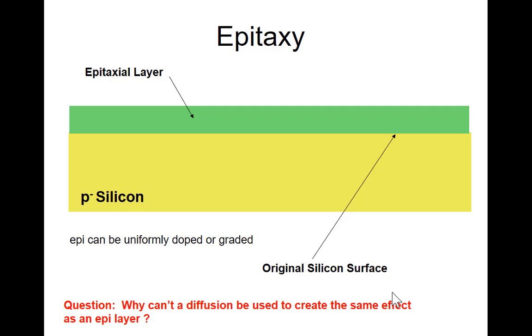Now there is a question here that says, why can't diffusion be used to create the same effect as the epi layer? Well, the diffusion is not uniform. The diffusion is typically exponential, so the density also goes exponentially lower from top to bottom.